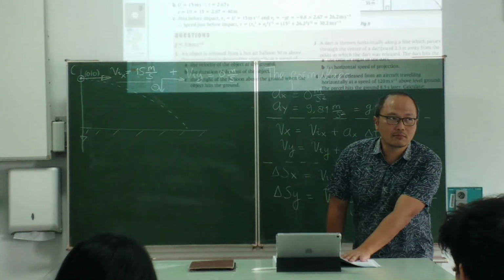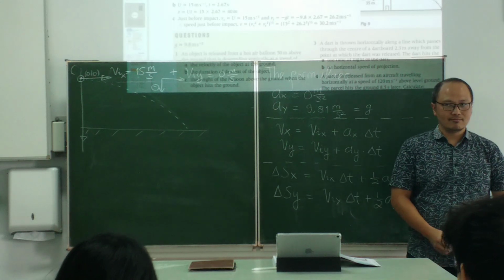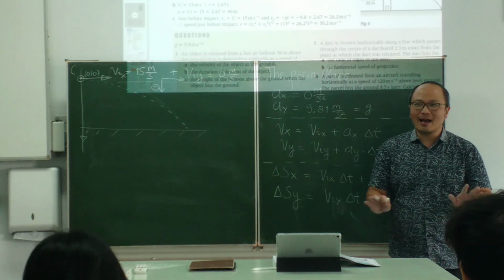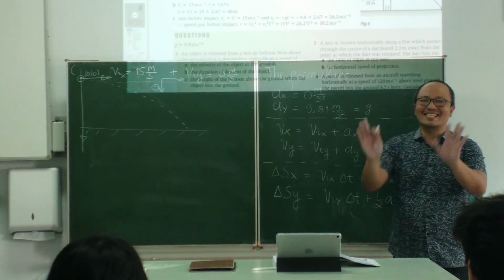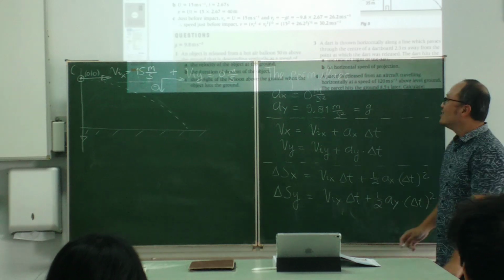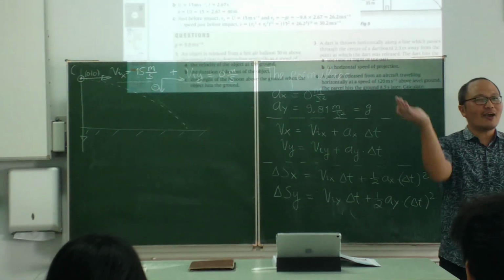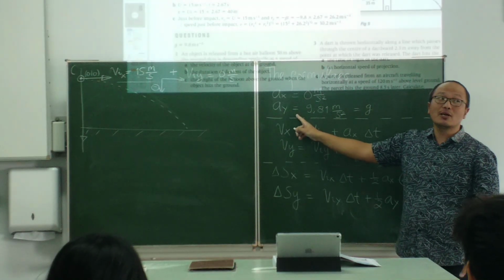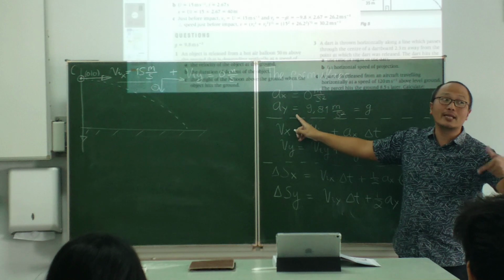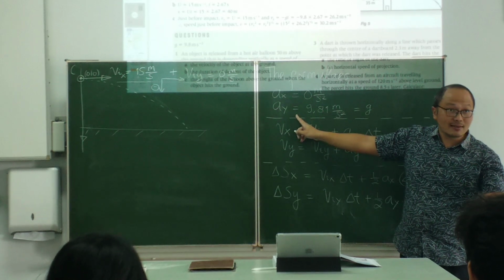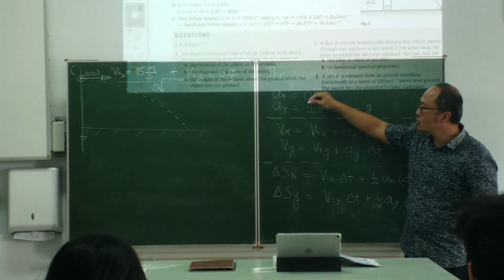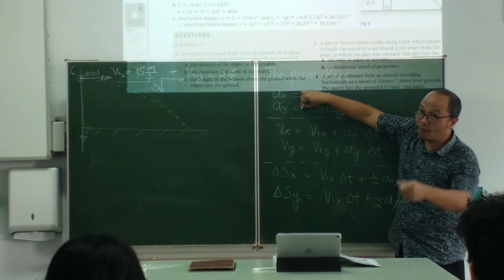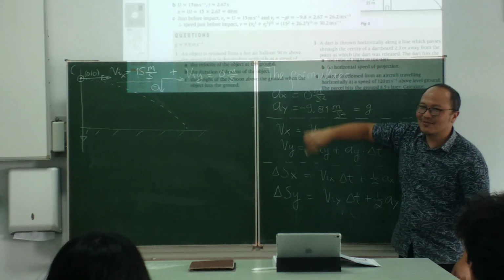So everything going down is negative, and the gravitational force is pointing down. Therefore, because of the definitions, this acceleration must be negative.